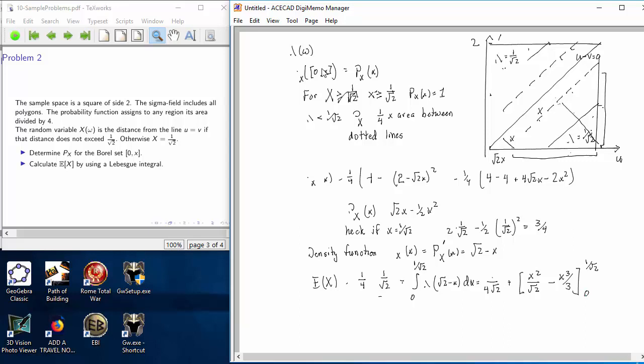And I think I got this right. 1 over 4 root 2 plus 1 over 2 root 2 minus 1 over 6 root 2, which I think works out to 7 over 12 root 2. But I don't really care about the answer. All I care about is that we integrated over the range, not the domain.